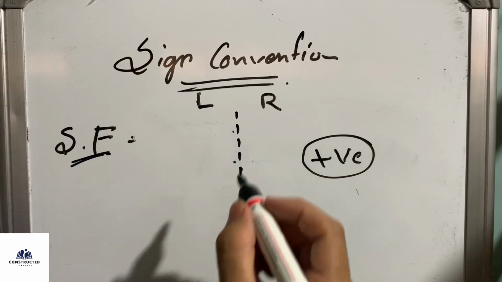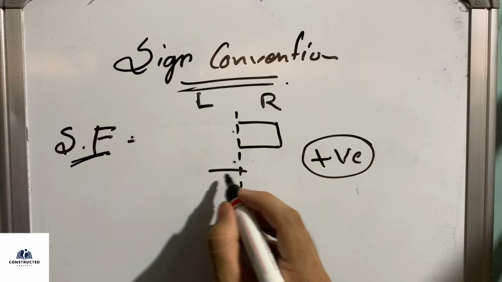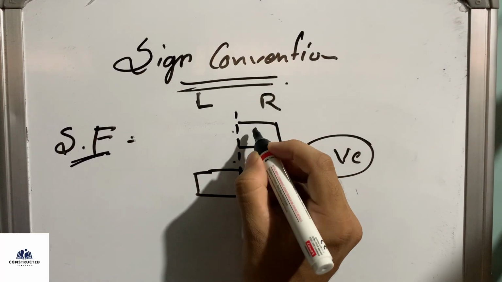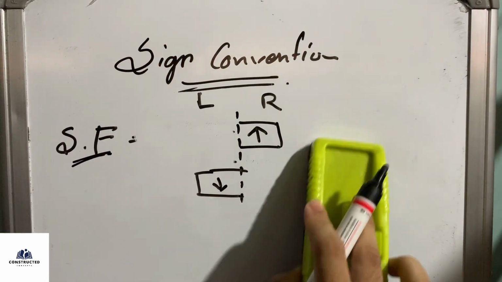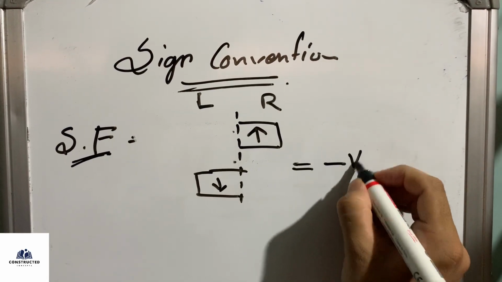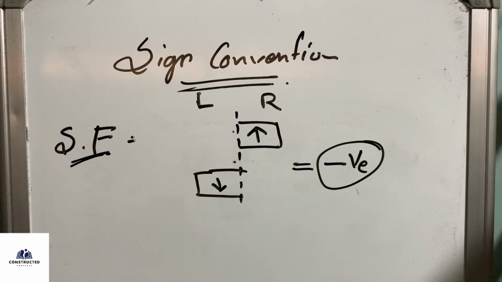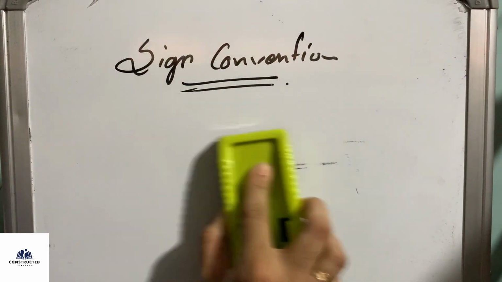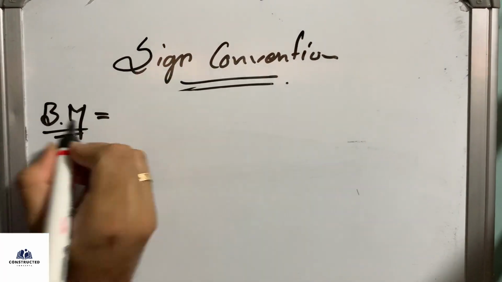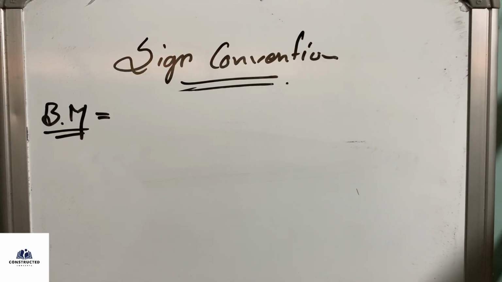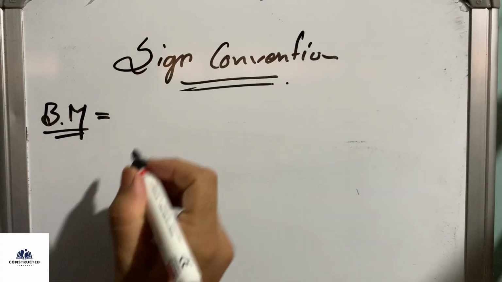Just remember, left hand up means positive, right hand up means negative. Why the left hand or right hand is up or down, we will come to in the next video when we do the numericals. That will be easier to understand.